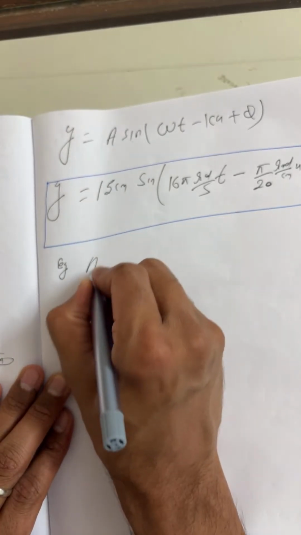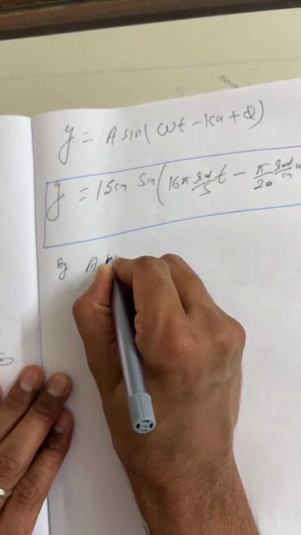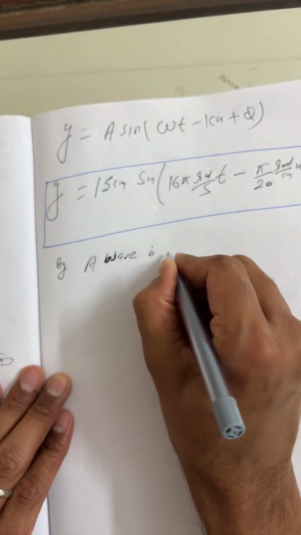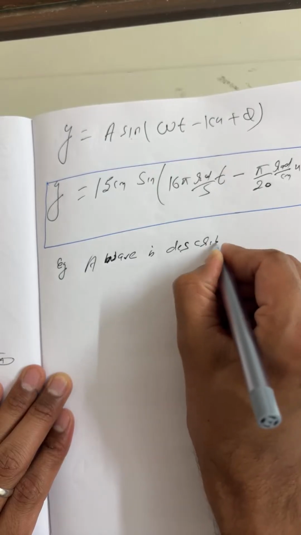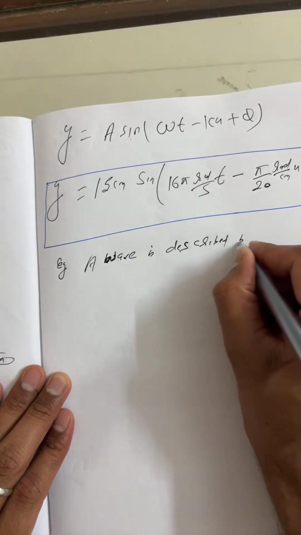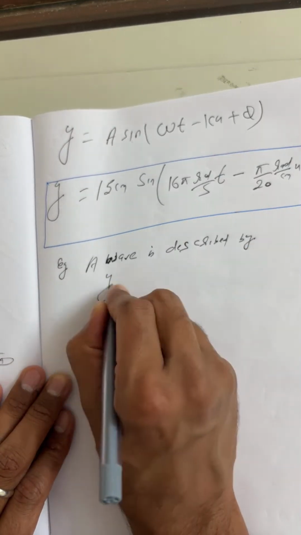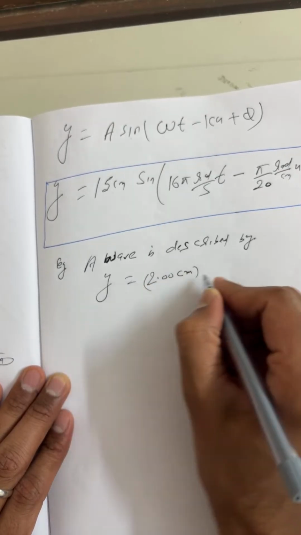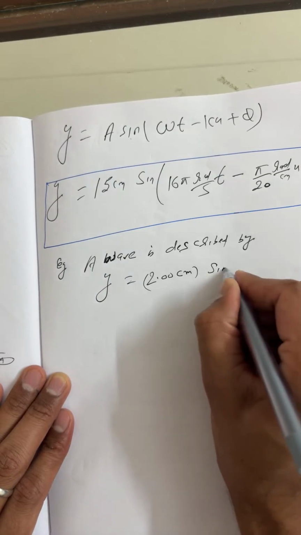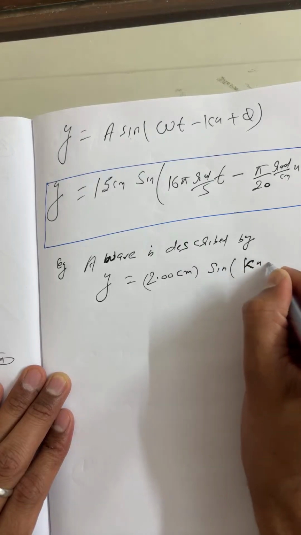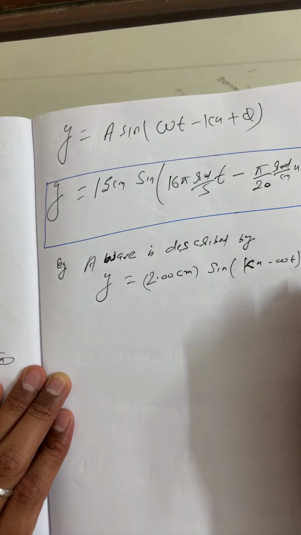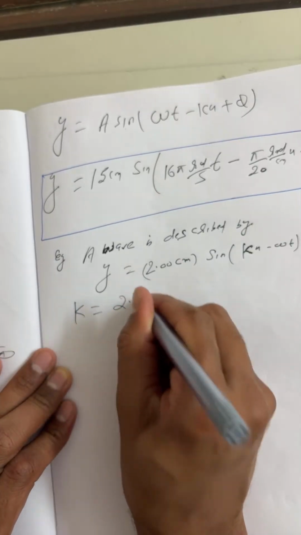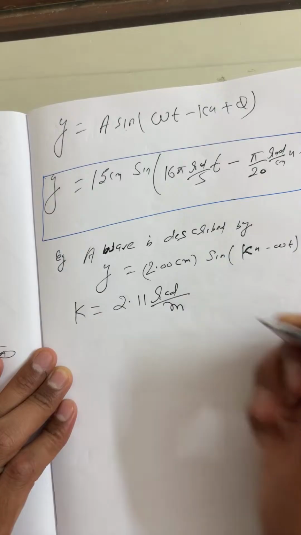A wave is described by y equals 2.00 centimeter sine of kx minus omega t, where k is equal to 2.11 radian per meter.